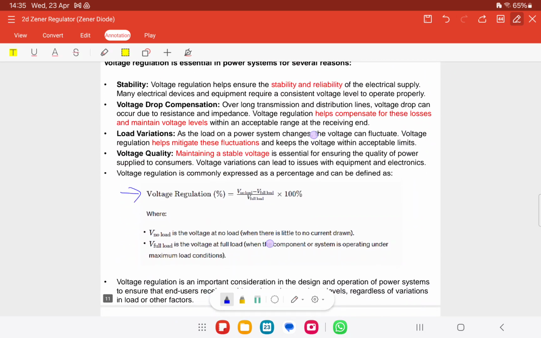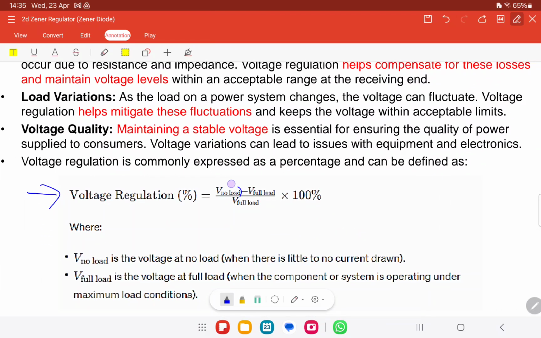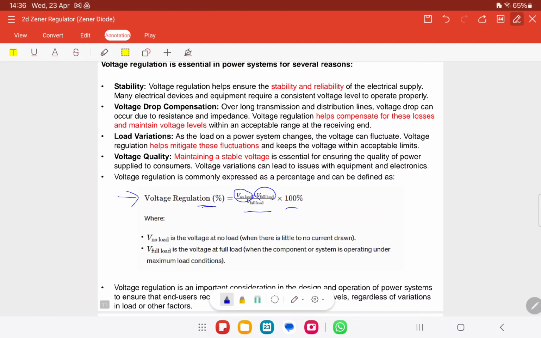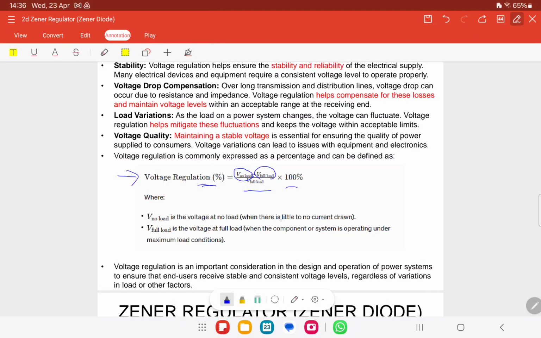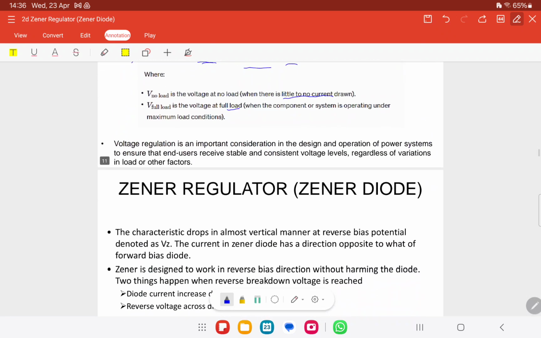For no load, it is at the minimum value, and with full load it is the maximum value. The difference over the full load value, multiplied by 100, gives the voltage regulator efficiency percentage. No load is the voltage at no load when there is little or no current flowing. Full load is at the maximum value of the load resistor.